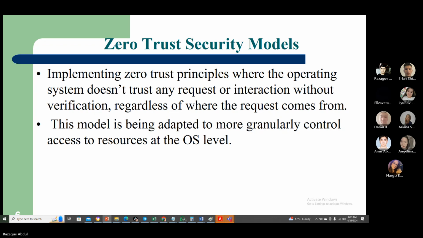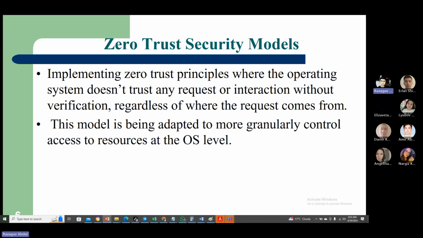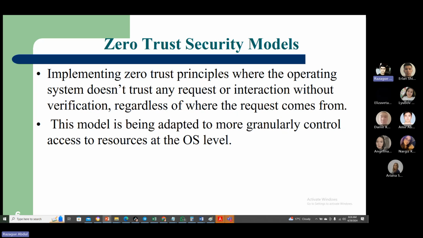And also, fifth is implementing zero trust in operating systems. Adopting a zero trust model within operating system environments requires comprehensive planning and integration of various security technologies, and we can also conduct thorough audits of existing security protocols and system configurations.